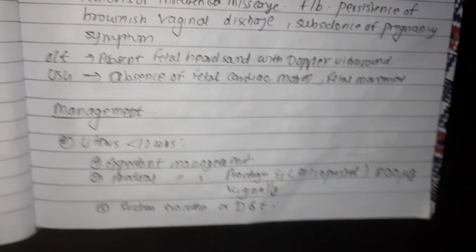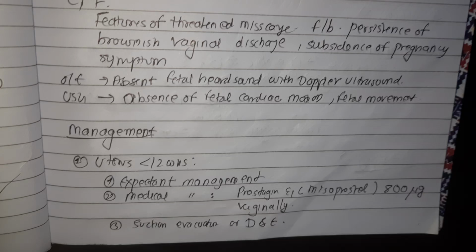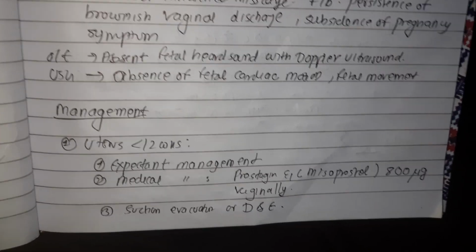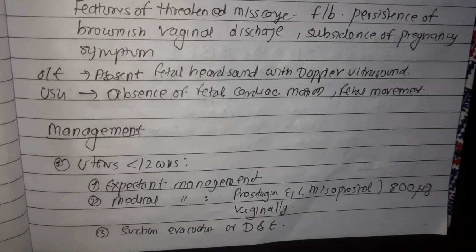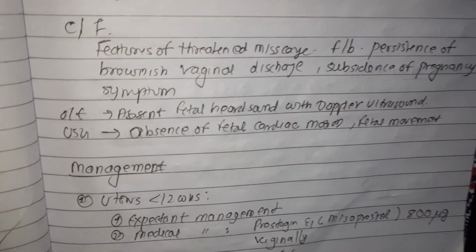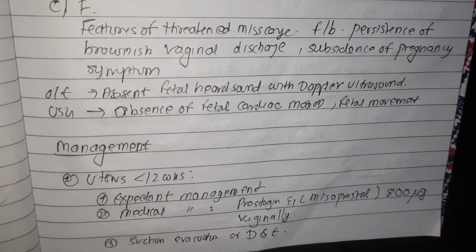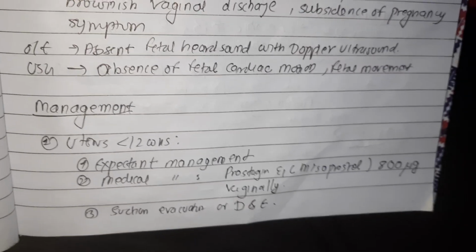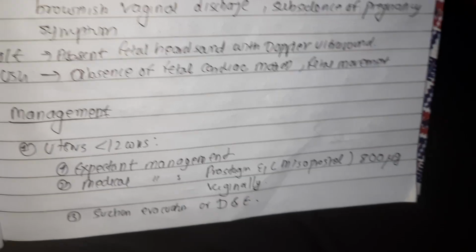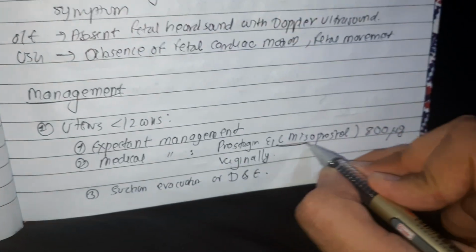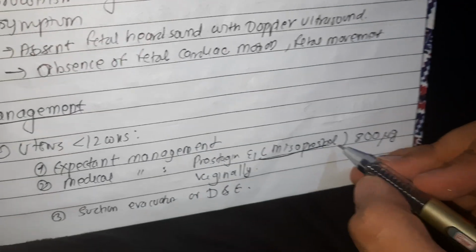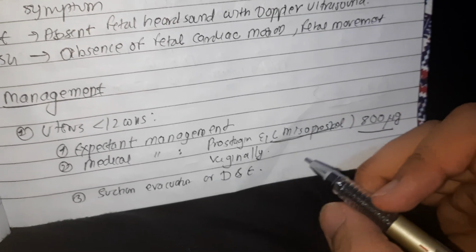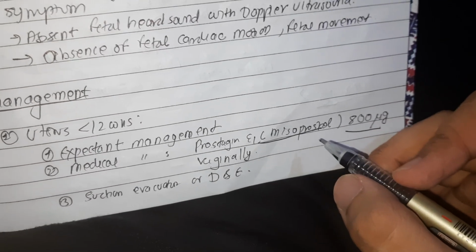So, in the management of missed miscarriage, in a patient with uterus less than 12 weeks, we can do expectant management. The woman may expel the conception spontaneously. We will wait and watch. The medical management includes prostaglandin E1, that is misoprostol, 800 microgram vaginally in the posterior fornix, repeated after 24 hours if needed.